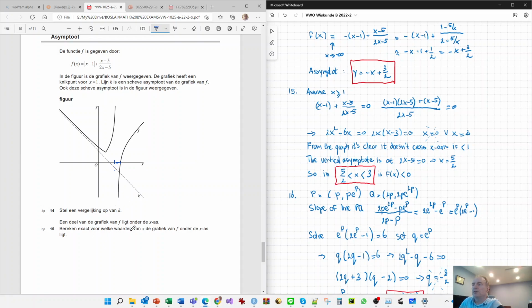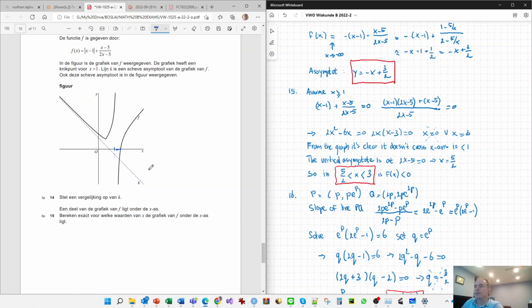So the interval for which f is below the x-axis is from 5/2 to 3, not including these bounds, because it's exactly 0 at 3, of course, and it's not defined at 5/2.